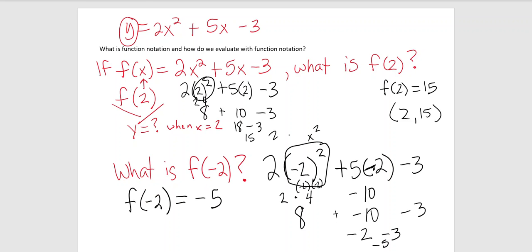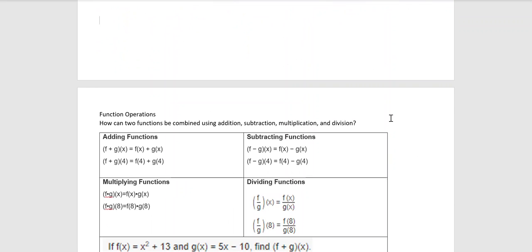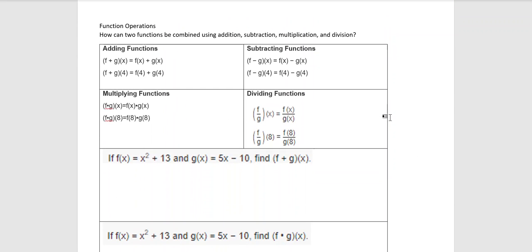Now, how are we going to apply this in our polynomials module? We're going to look at function operations. Function operations are when you take two functions and you combine them using addition, subtraction, multiplication, and division.